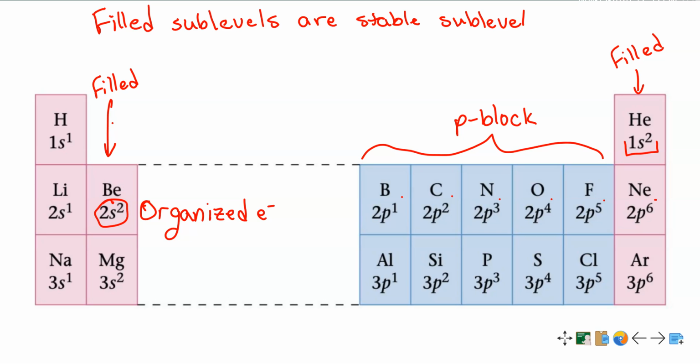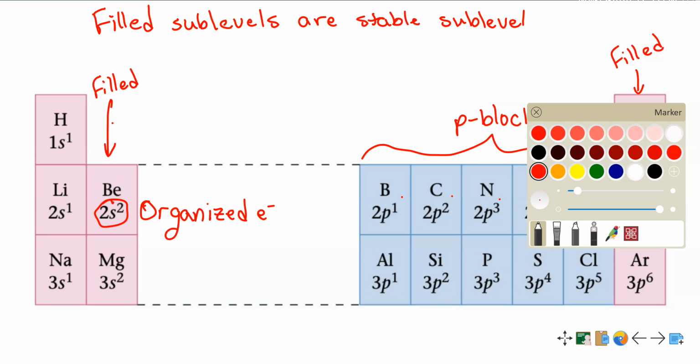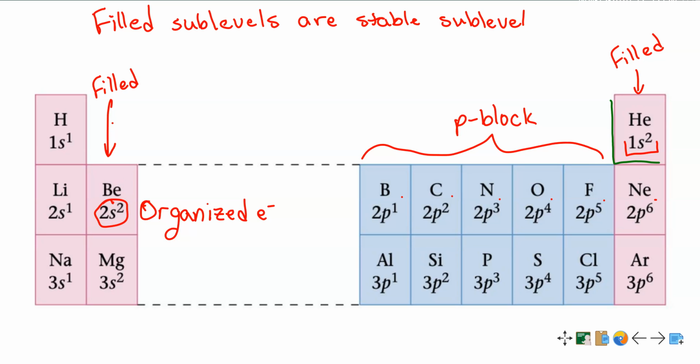Now, one thing we need to notice is that once we get to a noble gas, I'm going to change colors here for a moment. Let's go with green. Once we get to a noble gas, every element after that is basically helium plus 2s1, helium plus 2s2, helium plus 2p1.